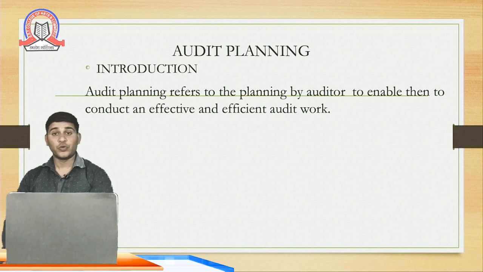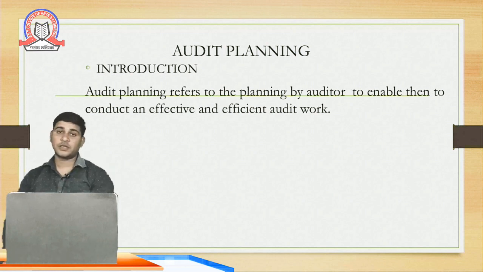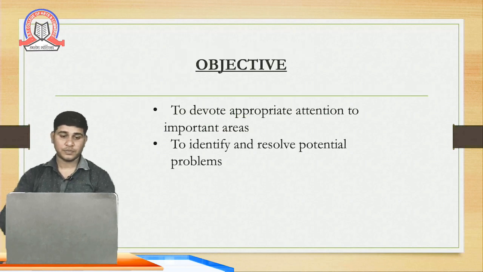So what to do, when to identify the journal entries, when to inspect the ledgers, when to vouch, or when to inspect the vouching verifications, each and everything is involved in the planning work. So if the auditor wants to complete the audit task within a stipulated period, he must plan for the audit.